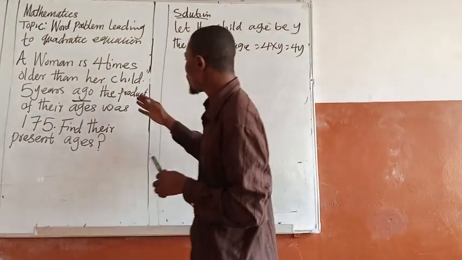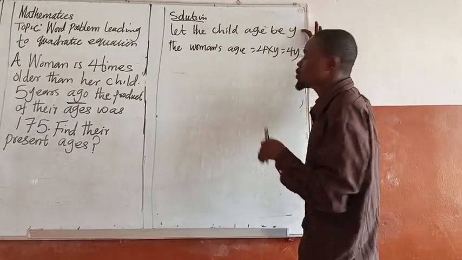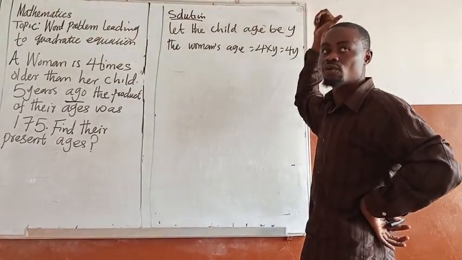But the other comment was they said 5 years ago. 5 years ago their ages were not like this. If one is 20 years now, then 5 years ago is minus 5.